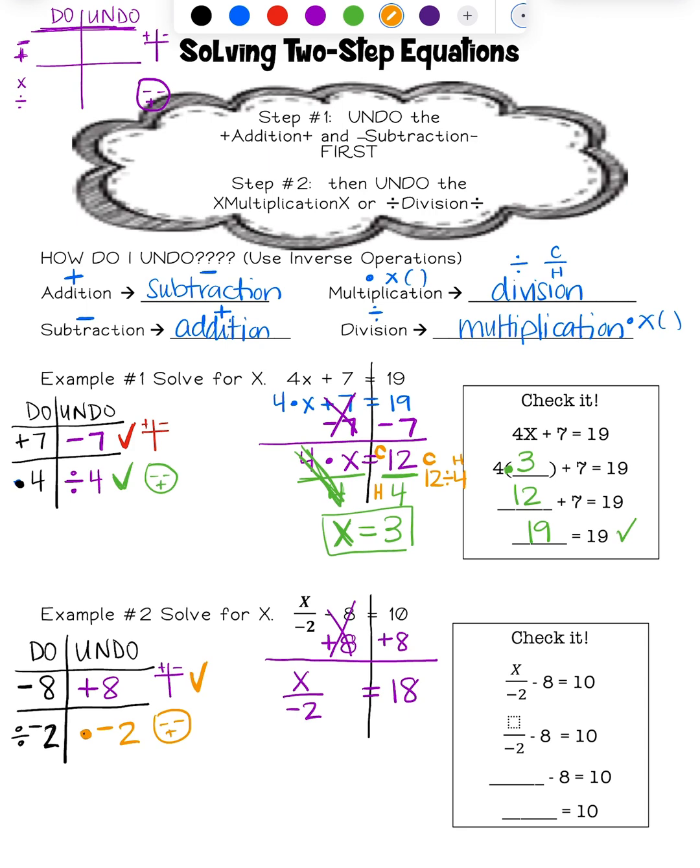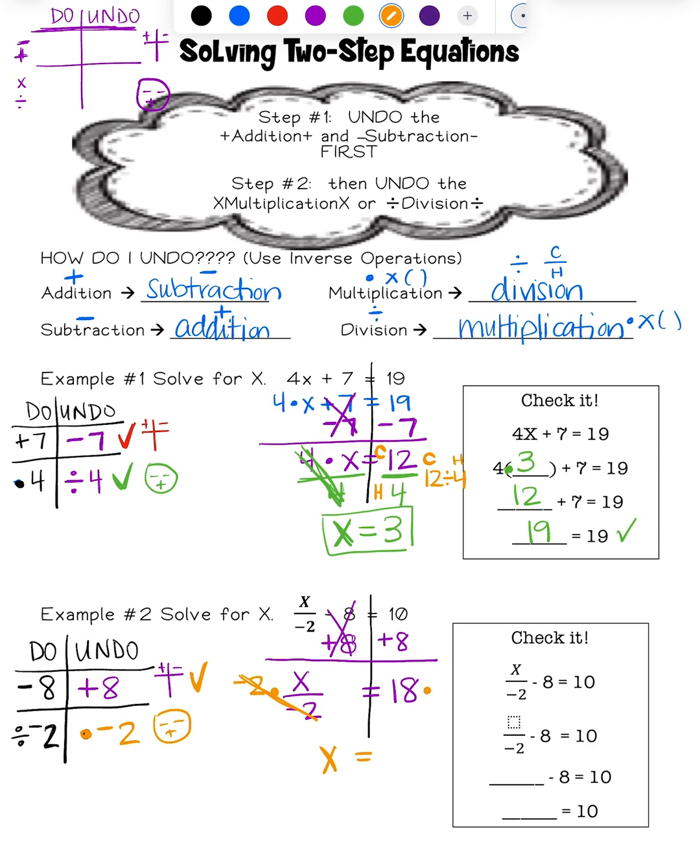So I did my add 8 on both sides. So now I'm moving on to my next step, which is going to be the multiplying by -2. So in order to cancel the division out, I'm going to multiply by -2 because the opposite of dividing is multiplying. And so the opposites cancel each other out. And all that's left over here is going to be my x. But we still have to do the same thing on both sides.